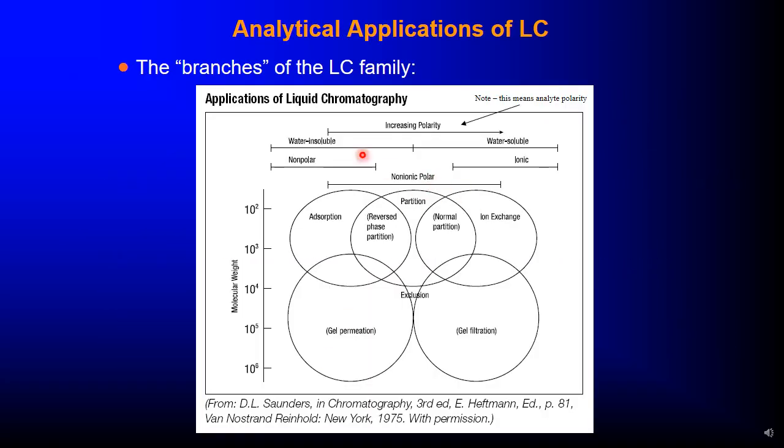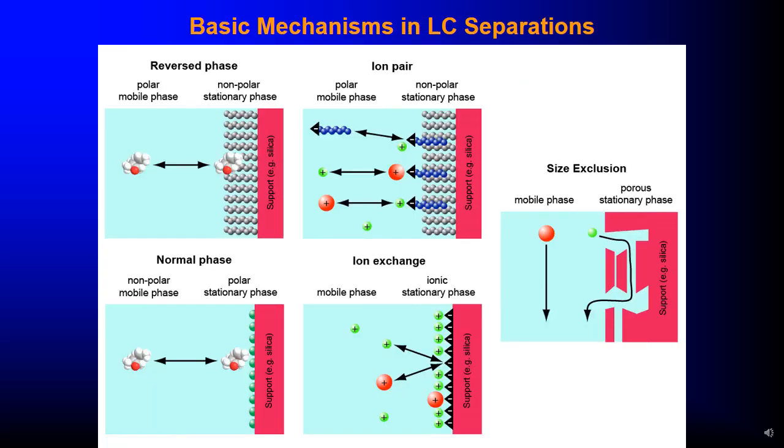Some of the branches of the liquid chromatography family are adsorption, partition, gel permeation, gel filtration, and so on. You can see the mode of separation and how such interactions occur.